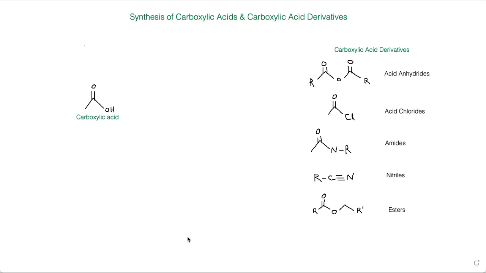So to begin today, I'll start talking about the synthesis of carboxylic acid itself. So this is fairly simple. The nice thing about the synthesis of carboxylic acid is that carboxylic acid can be synthesized from each of its different derivatives.